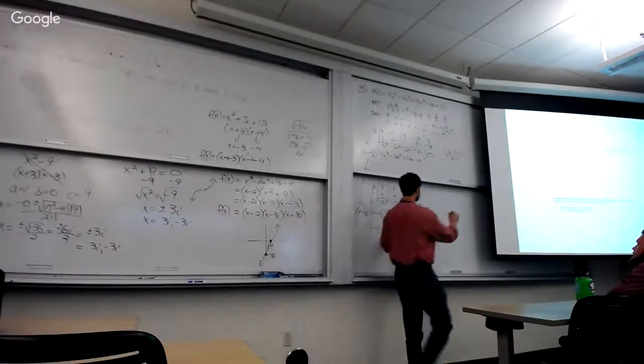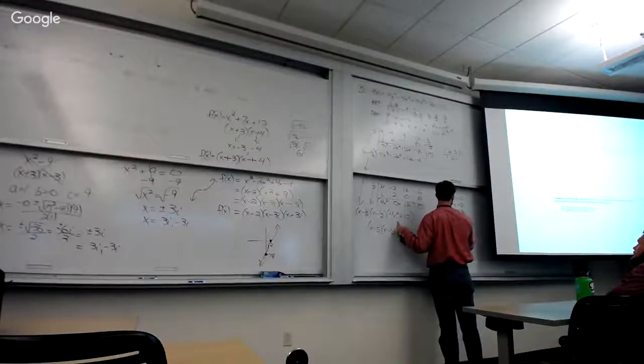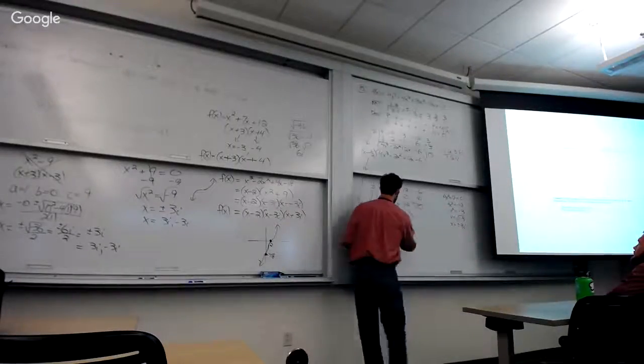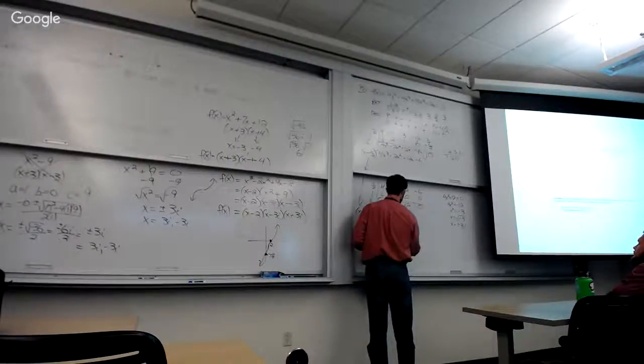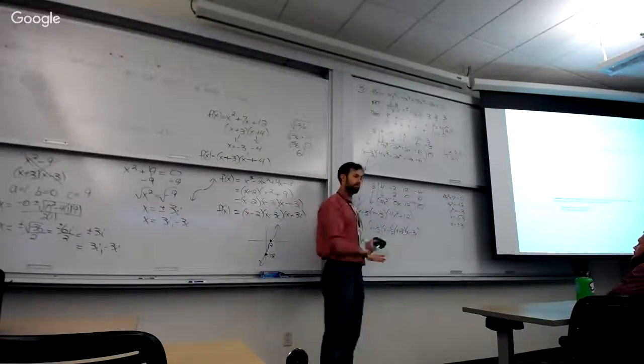And if you just did this zero product rule right now, and you had 4x squared plus 12 equals 0, and then you had 4x squared equals negative 12, and then divide by 4, x squared equals negative 3, and then you have x equals the square root of negative 3, which is x equals plus or minus root 3i. And if you just now put in x plus root 3i and x minus root 3i, the 4 would be gone.